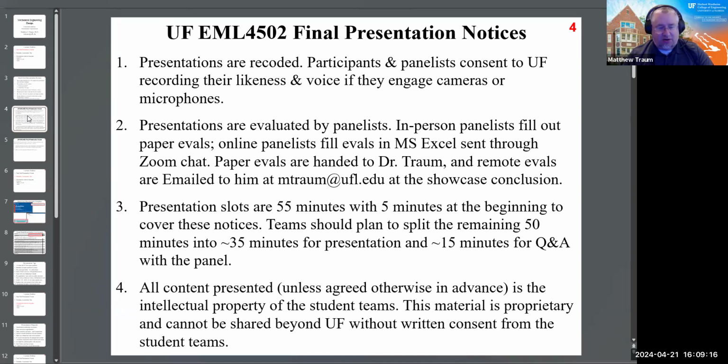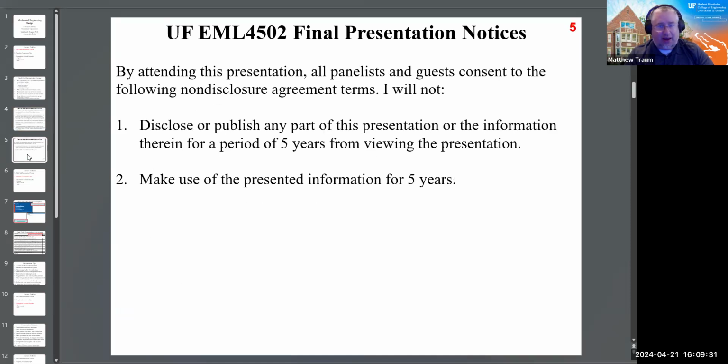And then to protect your intellectual property, all the content that you present remains your IP, and it cannot be shared beyond the University of Florida without your written consent. And I will remind all the panelists that by sitting in the presentation, they are consenting to the following non-disclosure terms.